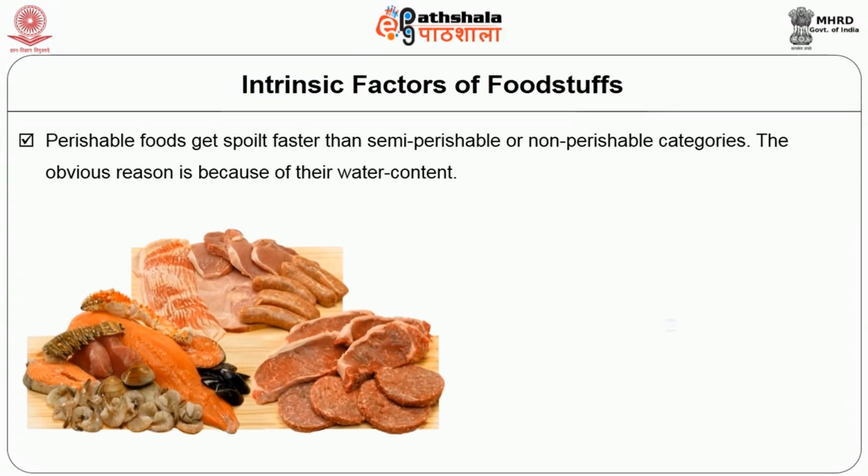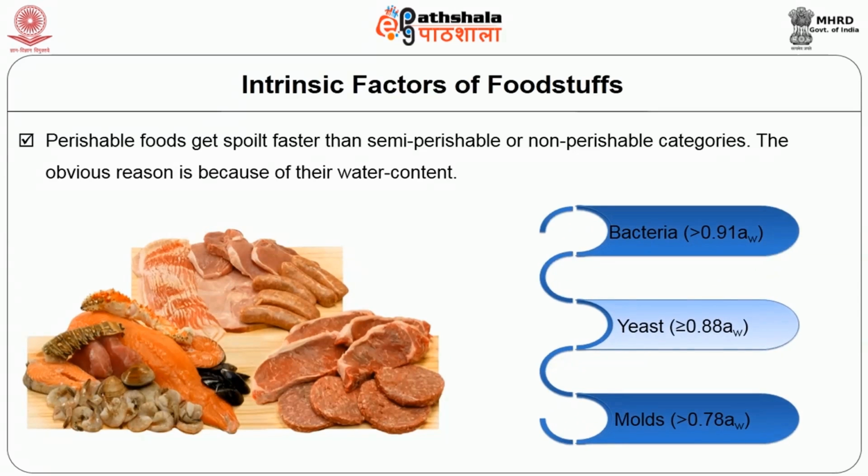Perishable foods get spoiled faster than semi-perishable or non-perishable categories. The obvious reason is their water content. Microbes require water for their survival, and the water which is available for the growth of microbes is referred to as water activity.